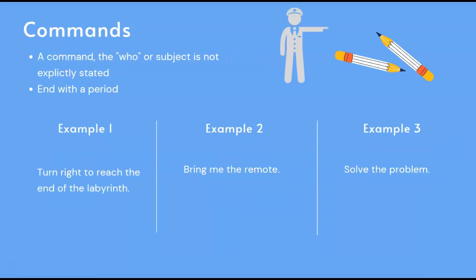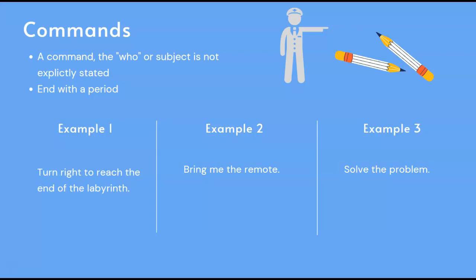Commands, which I put our little officer with his pointing finger to help us remember this type. Commands are sentences where the who is not explicitly stated. It's implied. It's like invisible. And the who of these types of sentences is you.